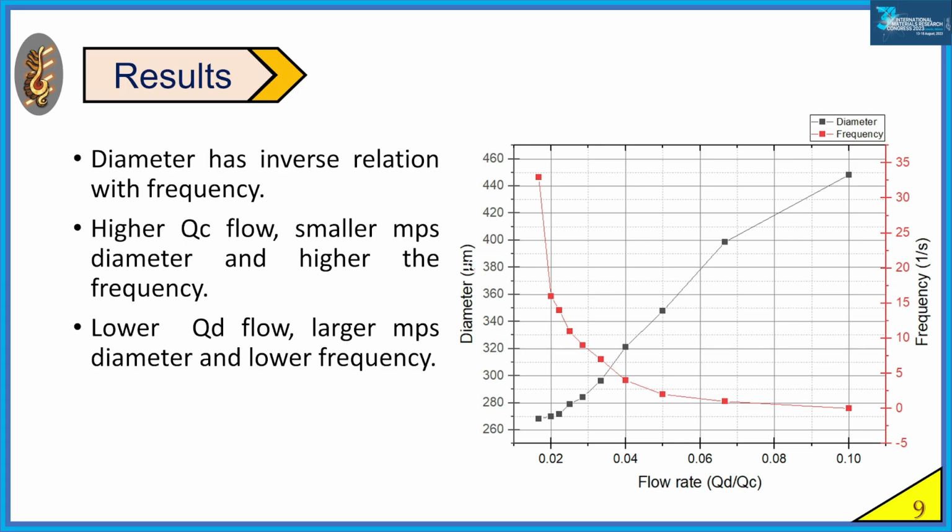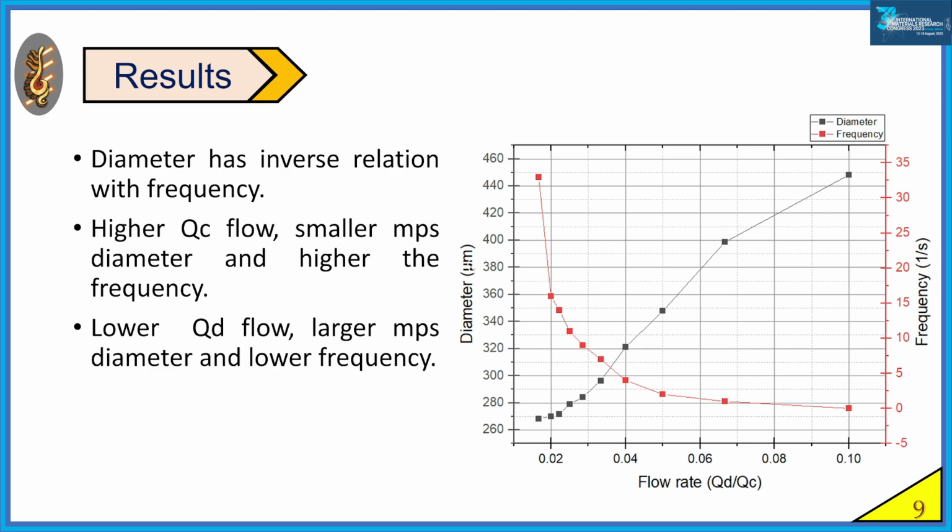The graph shows diameter from 260 to 460, and we can see the flow rate from 0.02 to 0.1 and frequency from 0 to 35. Now we can see how the smaller diameter shows high frequency and the higher diameter shows low frequency.